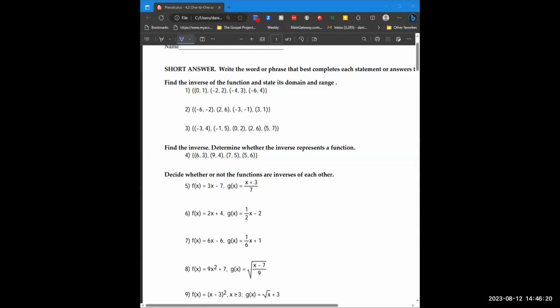So instead of 0 mapping to 1, I want 1 to map to 0. Instead of -2 mapping to 2, I want 2 to map to -2. And so on. This can only happen if there is a uniqueness in the relationship here, where every x goes to only one y and every y goes to only one x.